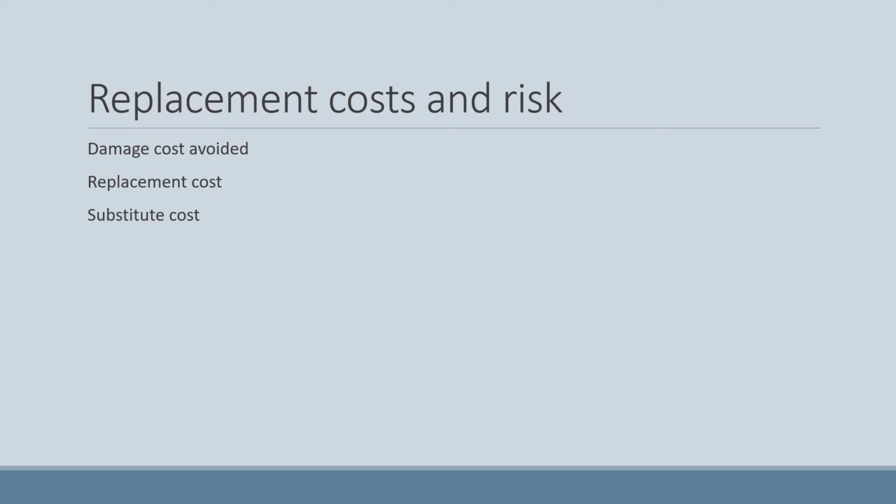Replacement cost uses the cost of replacing an ecosystem or its services as an estimate of the value of an ecosystem or service. In the example I gave you with homeowners insurance and renters insurance, those are very closely related. If we're looking environmentally, there's a slight difference based on those two definitions.